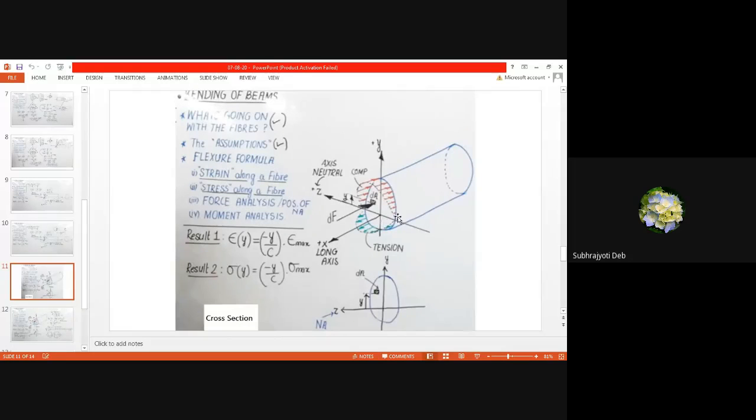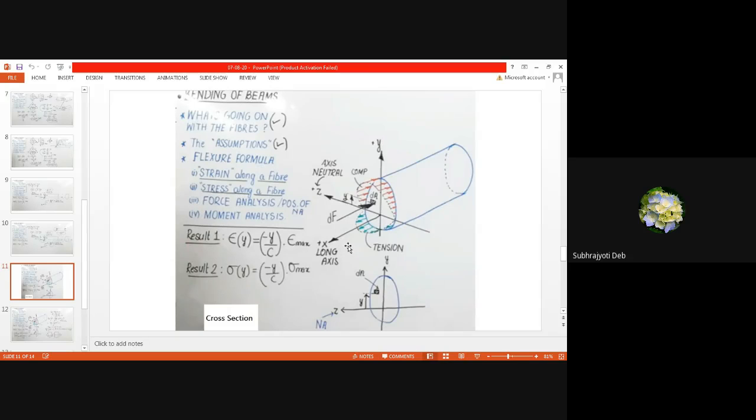So just consider this. This is our beam, and this is the 3D view. This is your y-axis, and this is the z-axis, which is also known as the neutral axis, and x is your longitudinal axis. So your beam is extending, or the change in dimension occurs, in this x-axis only.